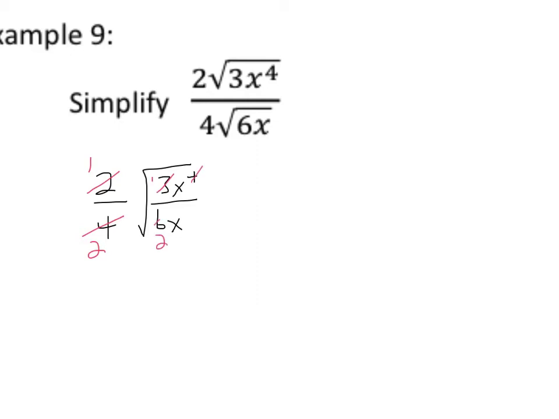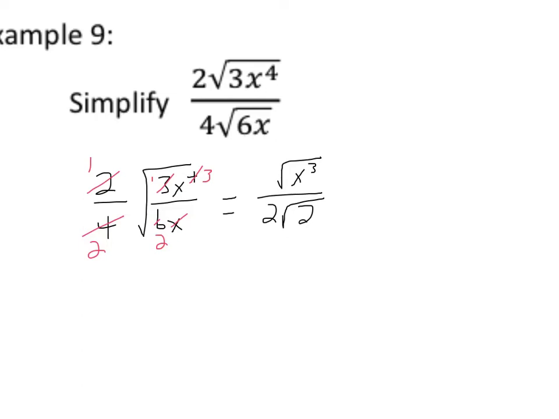And I can take out one of those x's. And that leaves us with, on top, just the root of, all we're left with is x cubed. On the bottom, we have a 2 on the outside and a root 2 below.